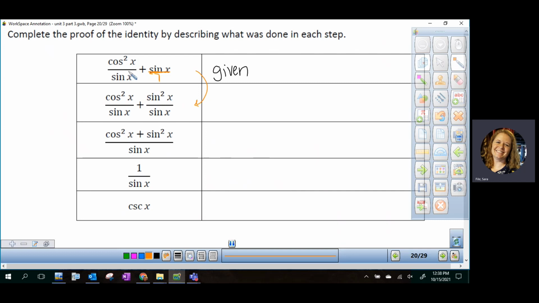And if we have fractions trying to be added, you cannot add fractions unless you have a common denominator. So what they did was they said, I'll multiply that by sine of x. And if you do that to the denominator and to the numerator, that's fine, because anything over itself is like multiplying by 1. So that's equivalent, and you're allowed to do that. That's an algebraic step. They are getting a common denominator. So get common denominator was step 1.